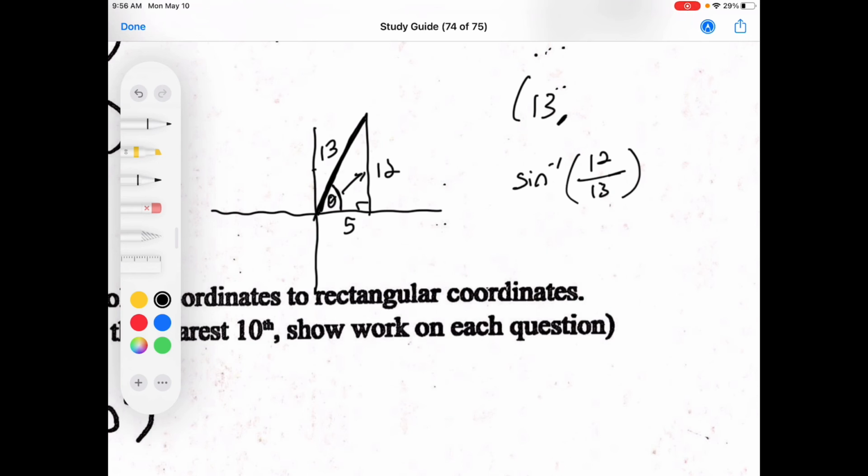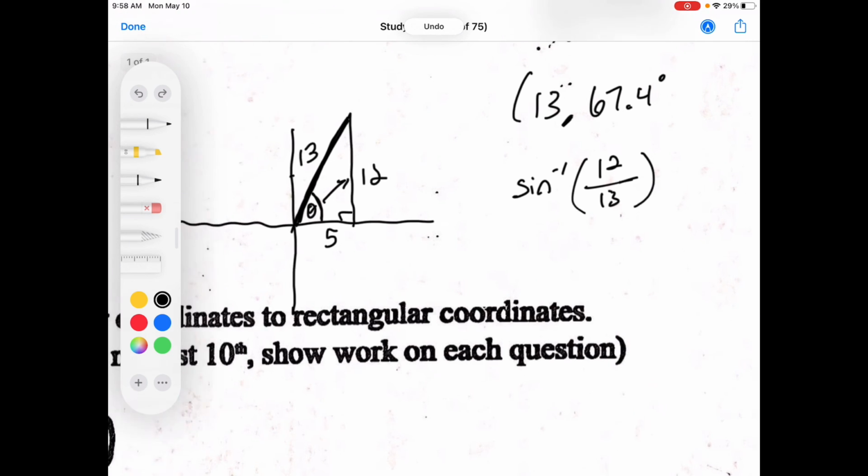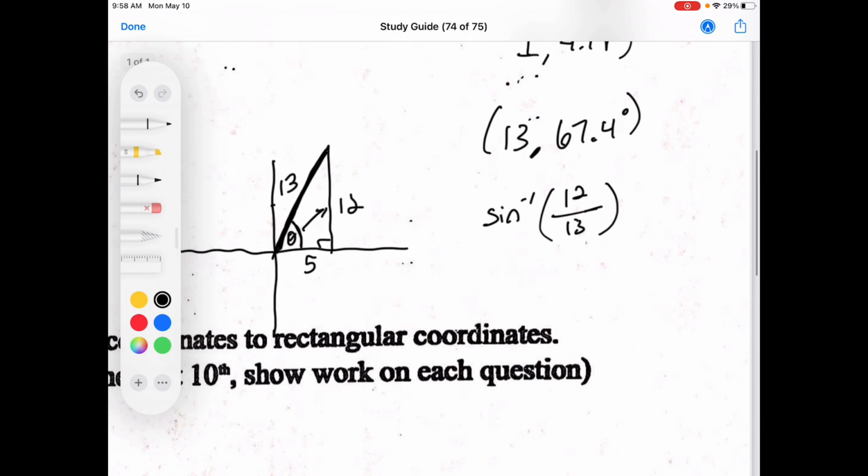So we're going to put this in our calculator, and that'll tell me what the degree is. When I put that in the calculator, I get 67.38 or 67.4 degrees.